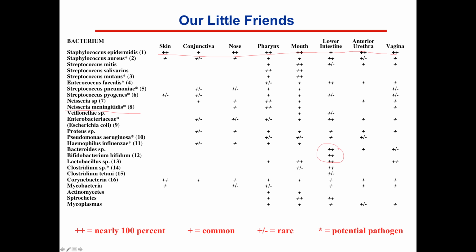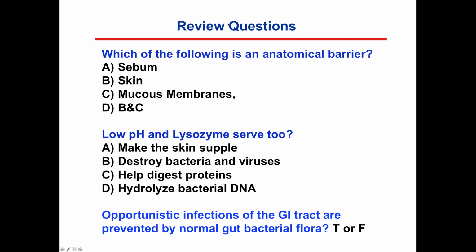You will not need to memorize this graph. It's just there to show you examples. Now, here's a series of review questions, so we can stop at this point. These are 3 review questions, and what I urge you to do is to answer these questions to the best of your ability.